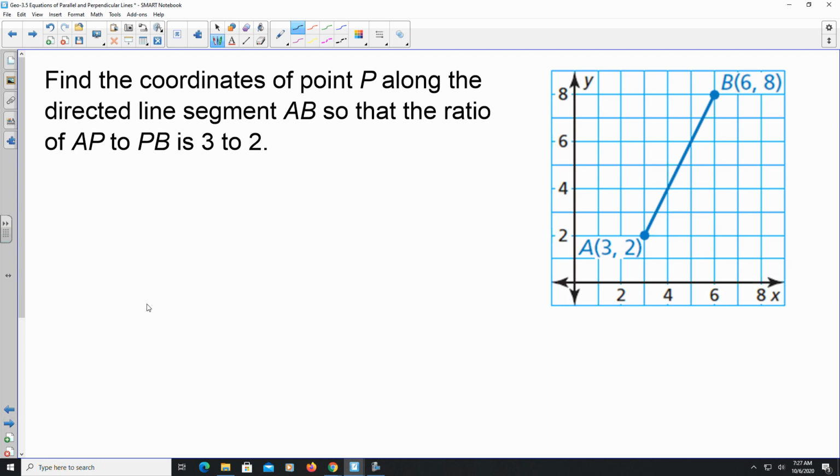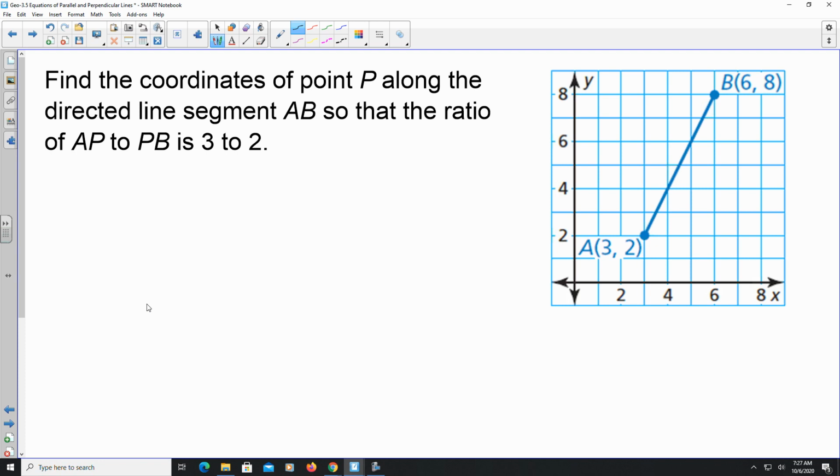before we get into parallel and perpendicular lines, one of the questions they're going to be asking us is to find a coordinate, in this case point P, along the directed line segment AB so that the ratio of AP to PB is 3 to 2.